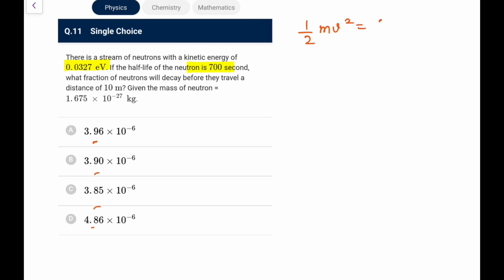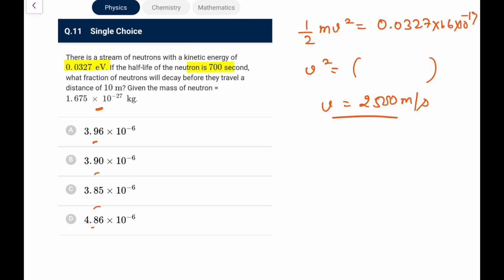So from here you will get the value of speed. 0.0327 eV is 1.6 into 10 to the power minus 19 joule. If you do this v square calculation, divided by the mass of the neutron, the velocity comes out as 2500. You need to have a calculator because it won't be that easy to get, because it is not an exact 625 that comes. So it is 2500 meter per second.